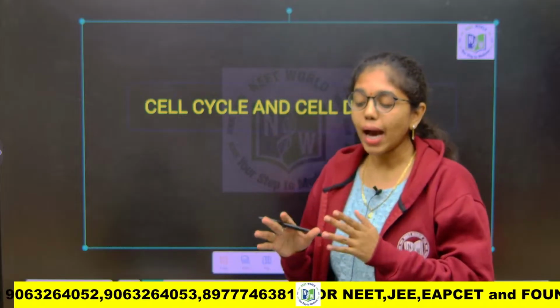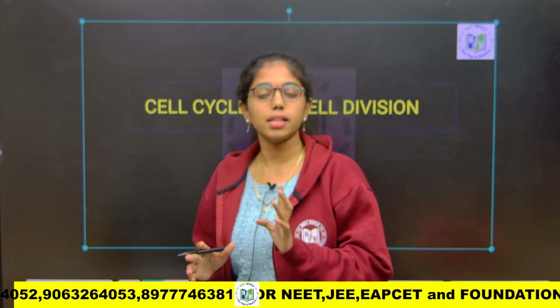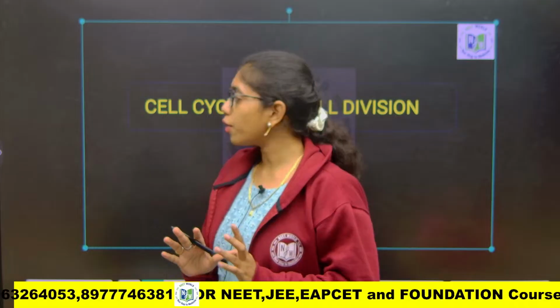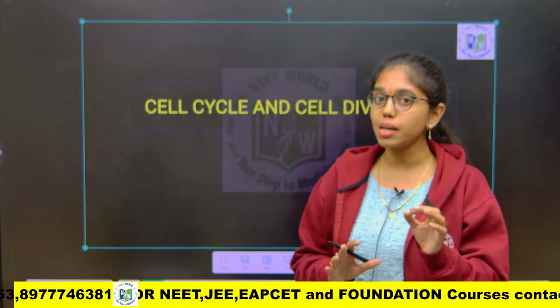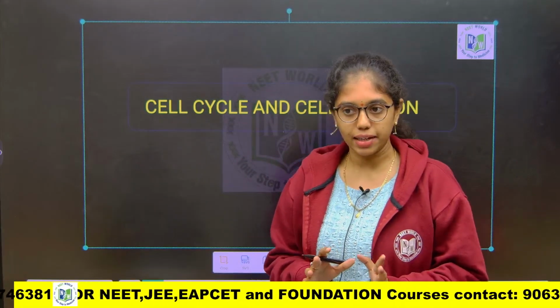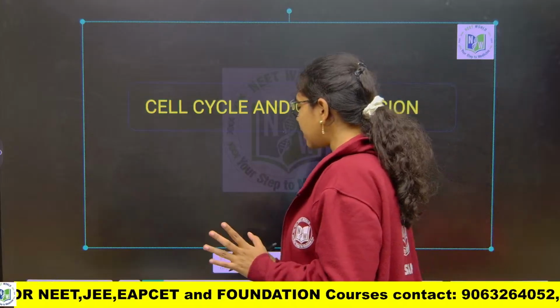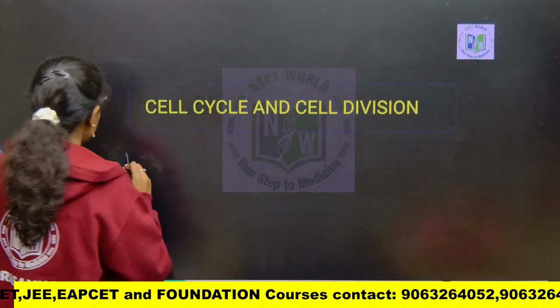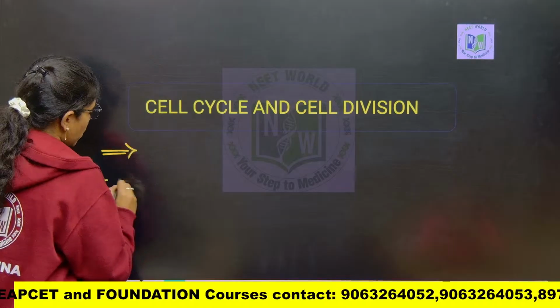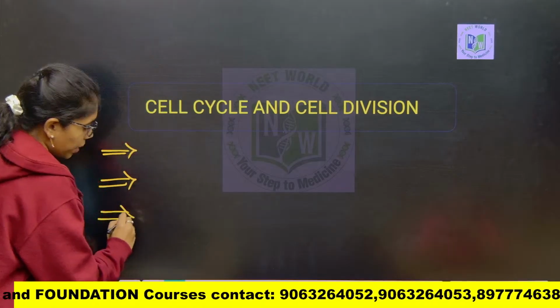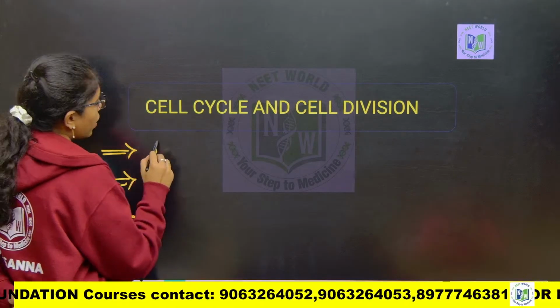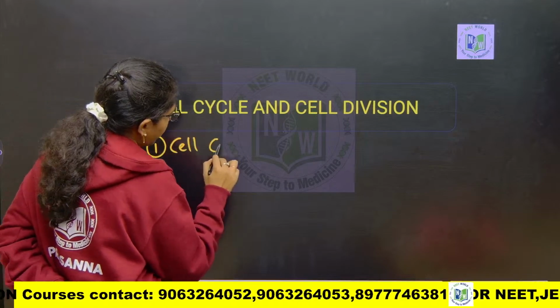We are done with one chapter, that is Cell: The Unit of Life. Now we are going to discuss the major concepts from the chapter Cell Cycle and Cell Division. We have divided it into three major concepts. First, cell cycle.